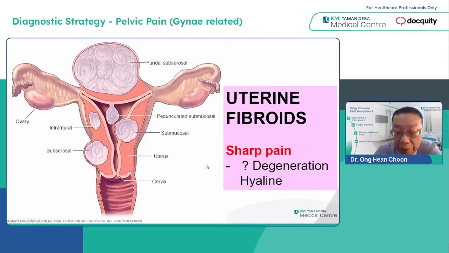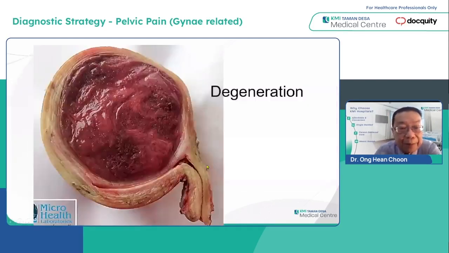This can give rise to very sharp pain. This is a fibroid showing degeneration. You can see that the whorl-like appearance and the general firm nature is lost. There are areas of degeneration within the fibroid substance.